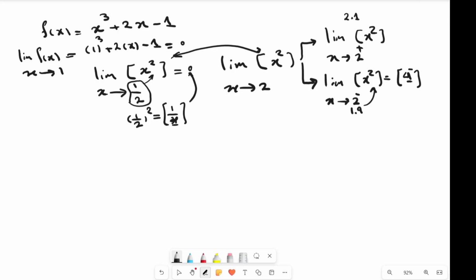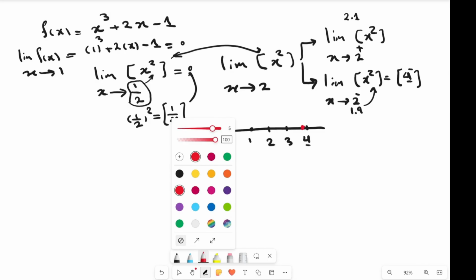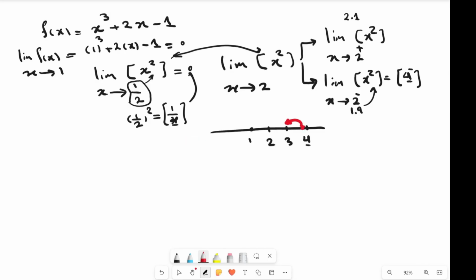Okay, so it is 4 minus, and the bracket of that is 3. But 2.1 squared we know is a bit more than 4, and the bracket of it is 4. Yes, they are not the same.